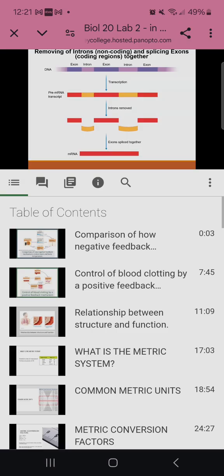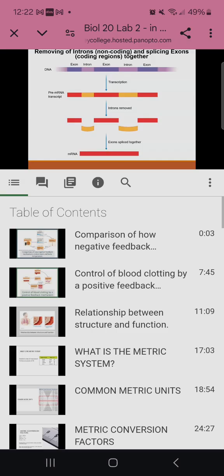During transcription, the introns, the regions that don't code for anything, get spliced out, and whatever is left, those are called the exons. These are all coding regions. Every single letter here means something. And then the exons come together. This is a whole coding region, all letters that mean something, and then we have our messenger RNA.